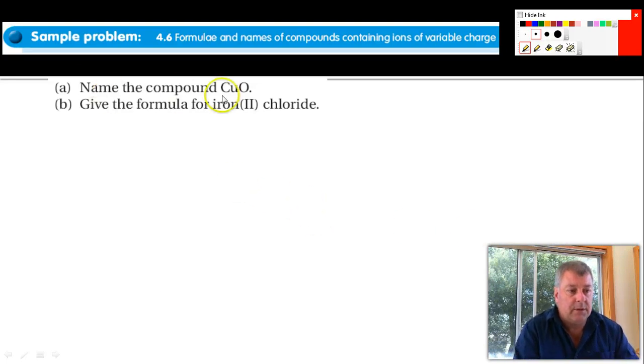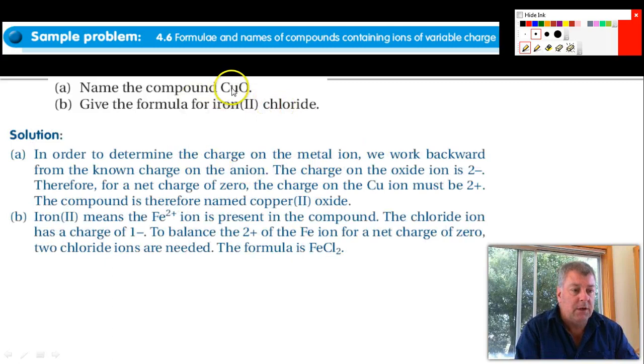Name the compound CuO and give the formula for iron 2 chloride. So if we look at CuO, this is our question mark.